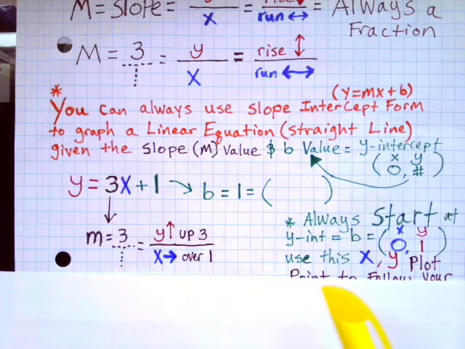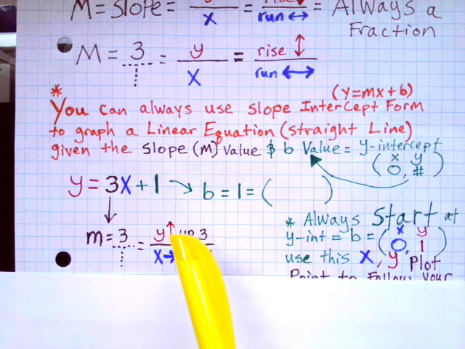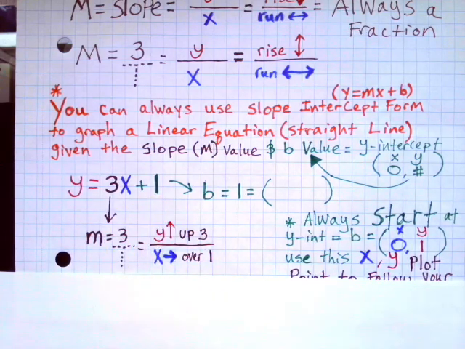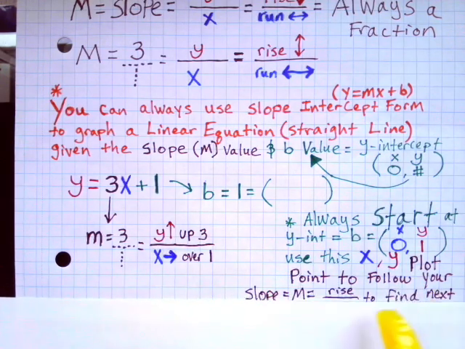That's my slope. And if you're going to graph using your y-intercept and the slope in any equation, you always start at your b value or y-intercept, where x is 0 and y is 1. Use this x and y plot point to follow your slope.